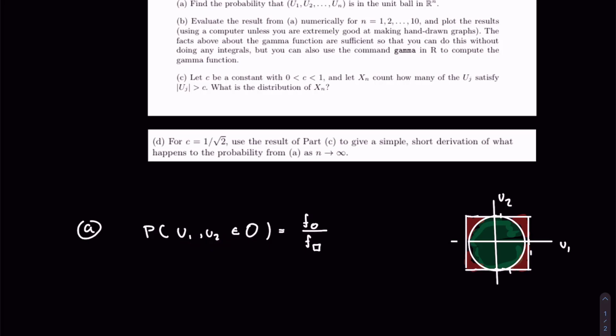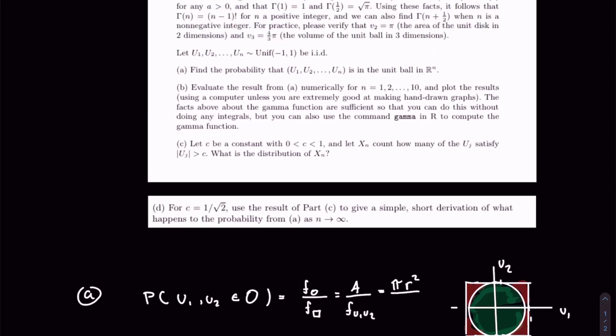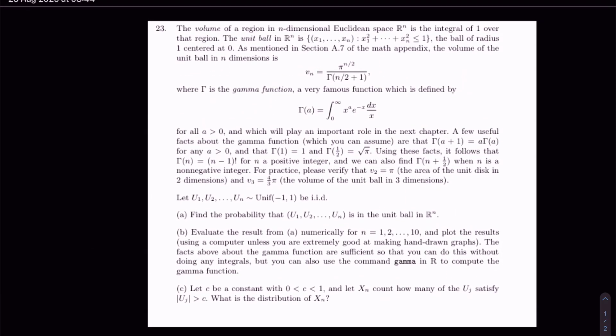The area of the circle in this two-dimensional case is pi r squared, where r is 1 by the information given on how this unit ball functions.